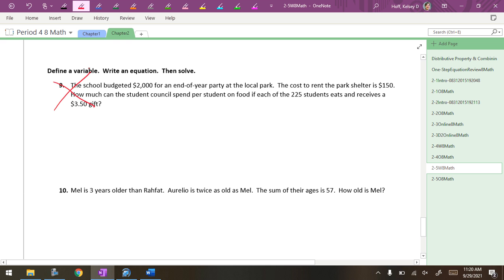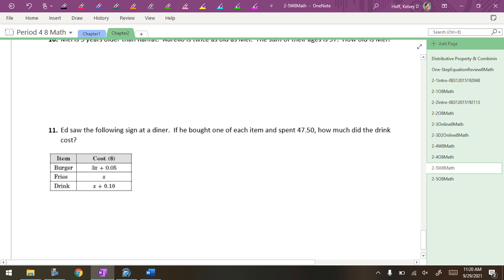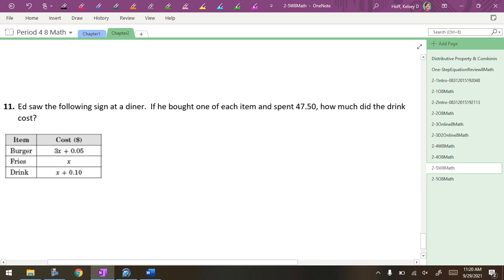Cross off number 3. Cross off number 9. And number 11, I have a typo. This should not say 47.50. It should say $7.50. The 4 should really be a dollar sign. I forgot to hold the shift key.